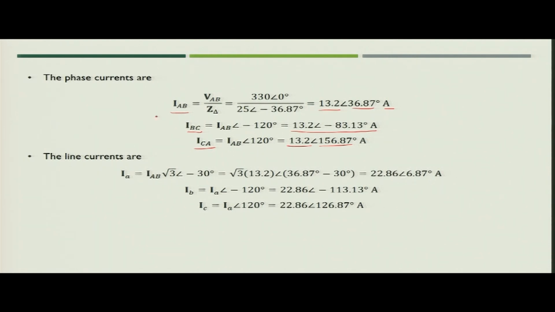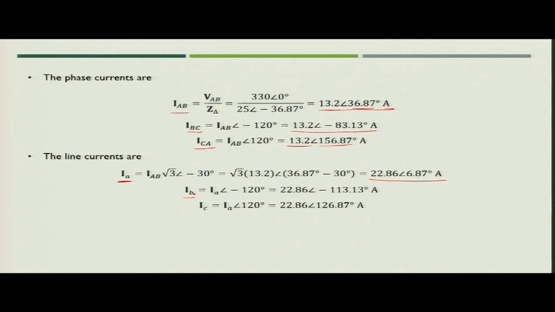Now, from the phase currents you can find out the value of the line current. Line current is simply IAB into root 3 angle minus 30 degree. IAB you have just calculated. So, you put the value of the phase current, multiply by root 3, and subtract 30 degree from the angle. When you simplify, you get the line current value as 22.86 angle 6.87 degree.